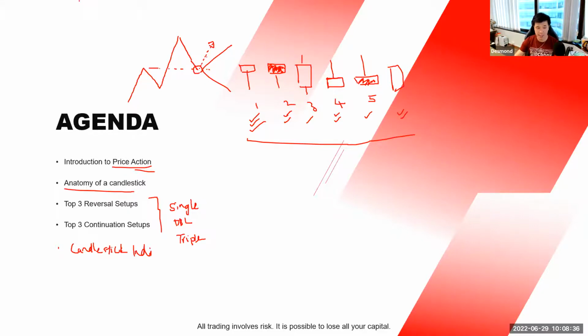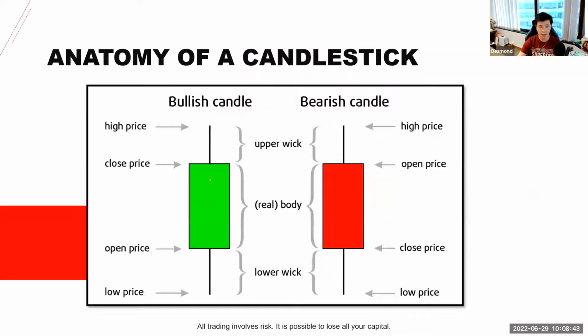Okay, now let's continue from here. The next thing I'm going to focus on is the anatomy of a candlestick. We've got a bullish candlestick here and a bearish candlestick. What I need you to know is that over here is where price opens.